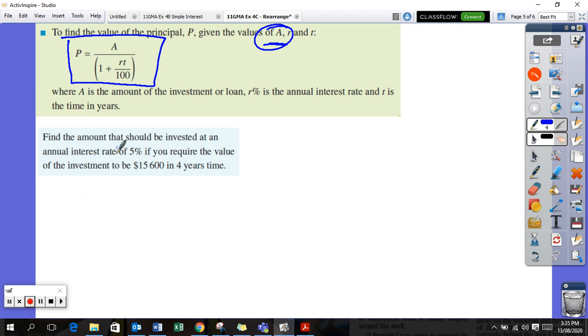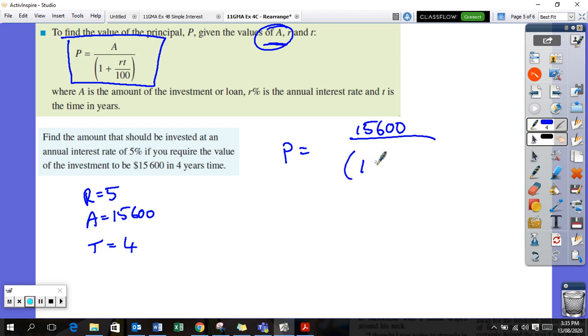So find the amount. So the interest rate is 5%. We want the total value to be 15,600, so that's the A, and we want the time to be 4 years. So the principal equals 15,600, the A, divided by bracket 1 plus 5 times 4 over 100.